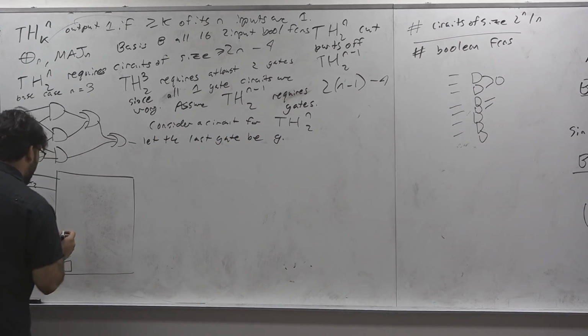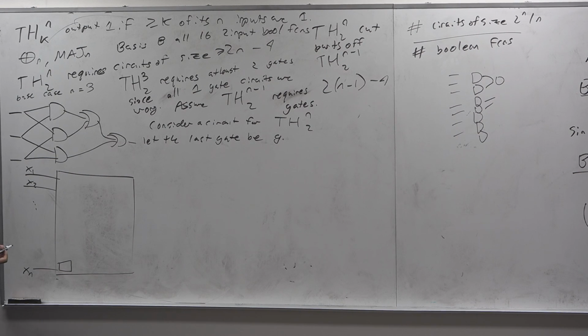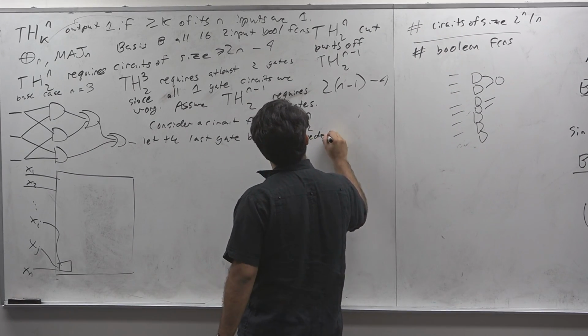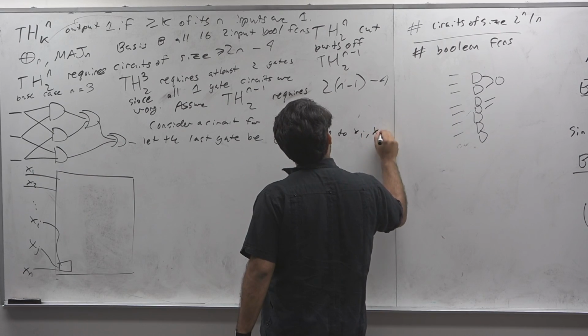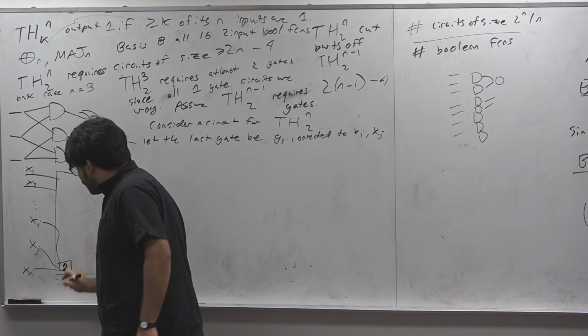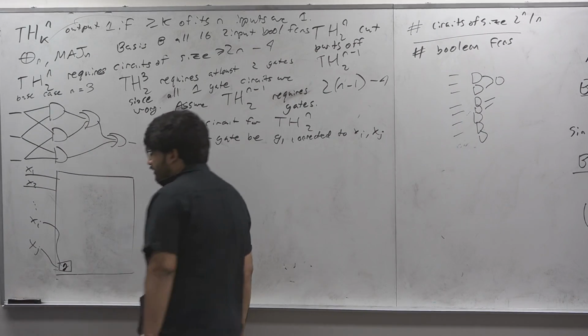And let G be connected to 2 other inputs, let's just say Xi and Xj. Okay? This is some gate G. It's connected to Xi and Xj. Let me just erase that so we have a clear picture, okay?